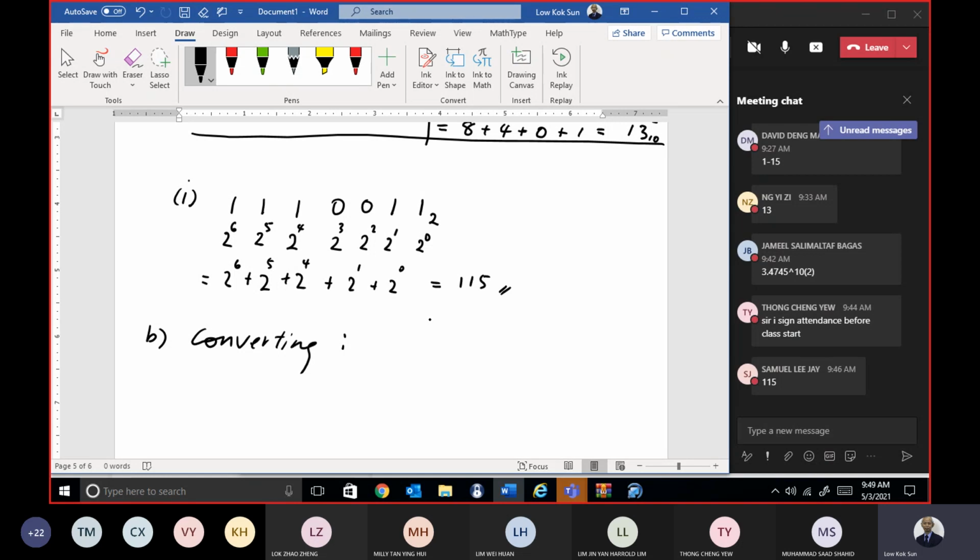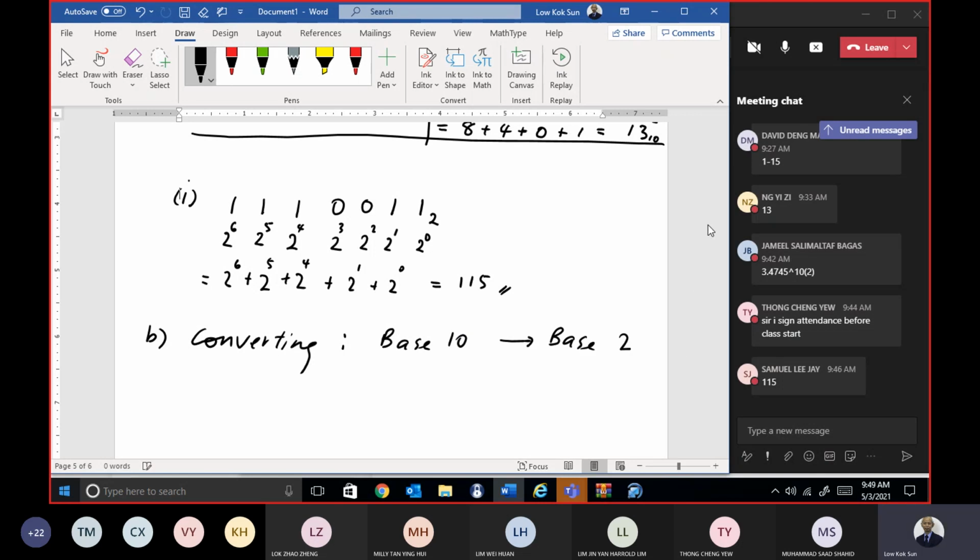But now I change. From the decimal system, meaning base 10, to binary. This will be just the same method if you go to other systems. So I want to convert from our base 10, our usual number, to base 2.